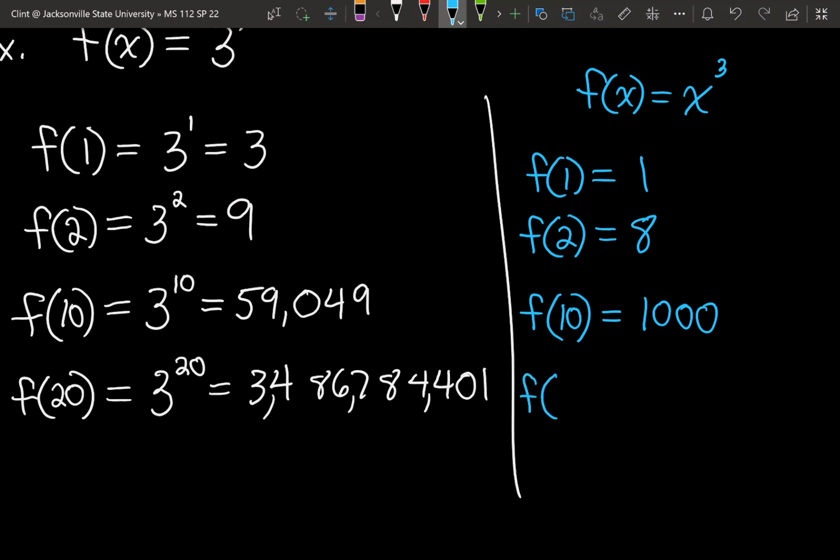When we go to f of 20, I'm not going to mess that up in my head. Let's just do it now. That's only 8,000. So the exponential gets to the big numbers a whole lot quicker than just like if we had x cubed. If we had a power function, is what you would call that. There's some kind of polynomial.